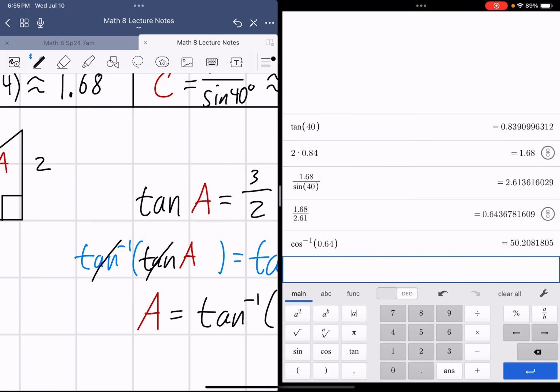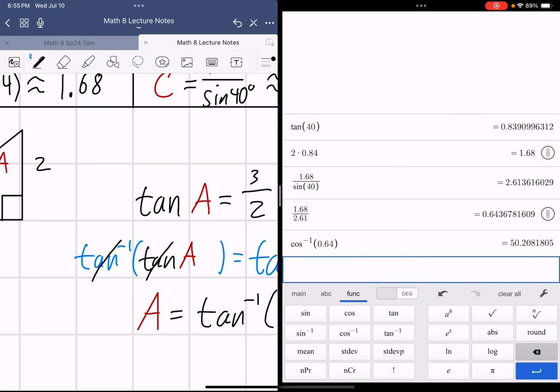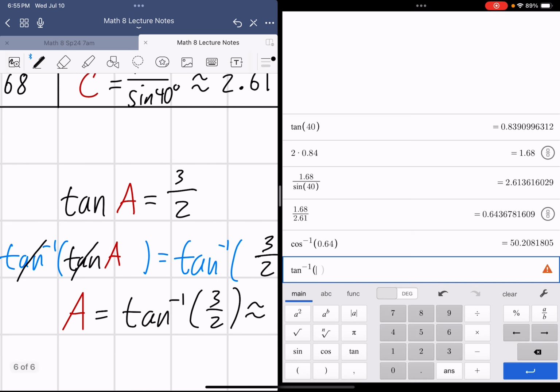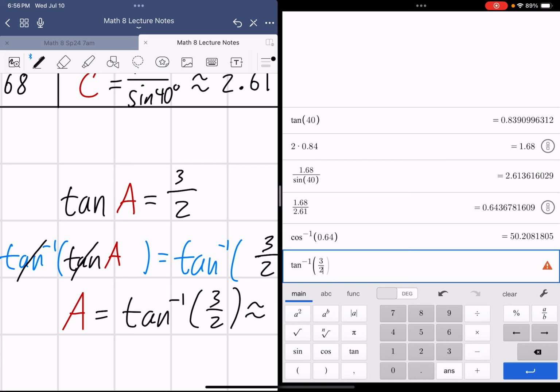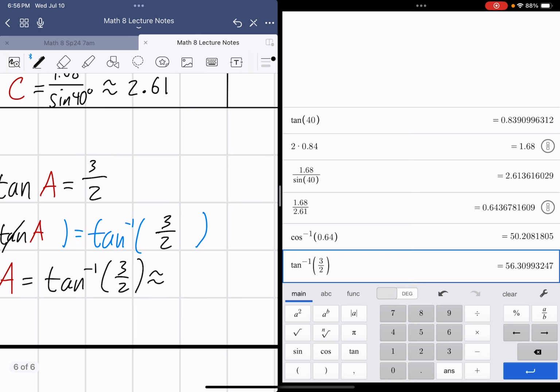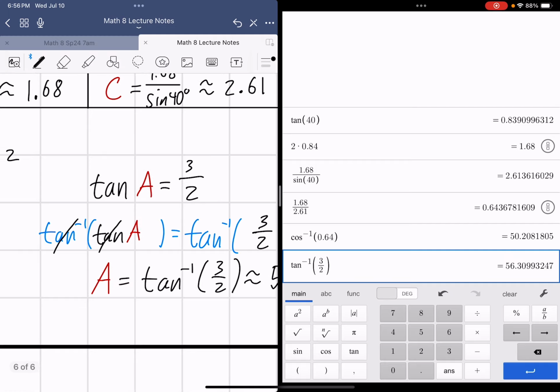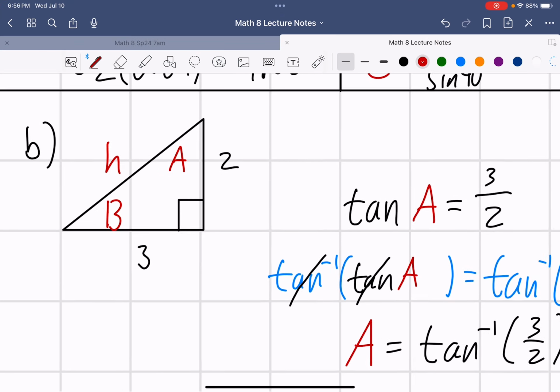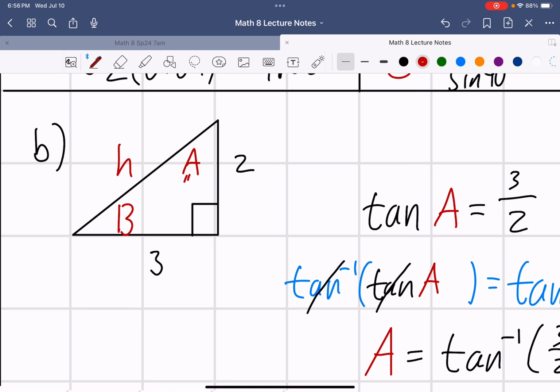Once again, the function is tangent inverse. The numbers are 3 over 2. Close my parentheses. And you can see there, I'm going to round this to the nearest degree. And that's going to give me 56 degrees. And that's angle A is 56.